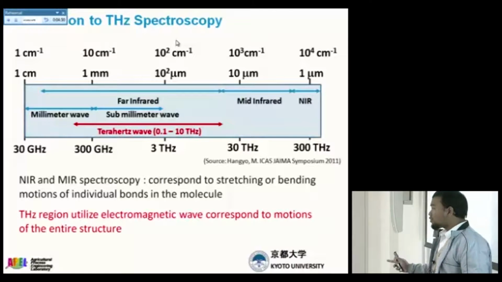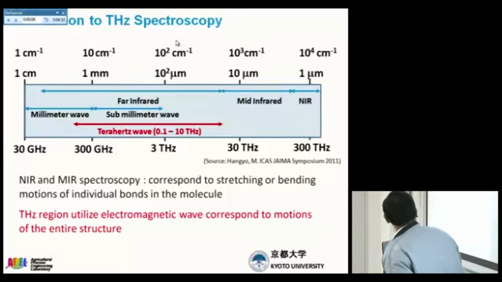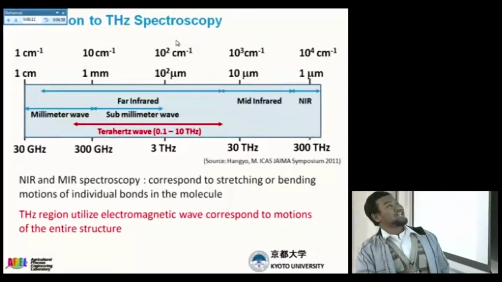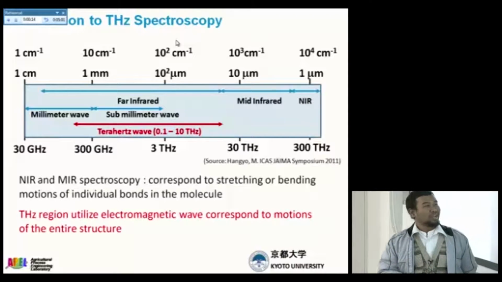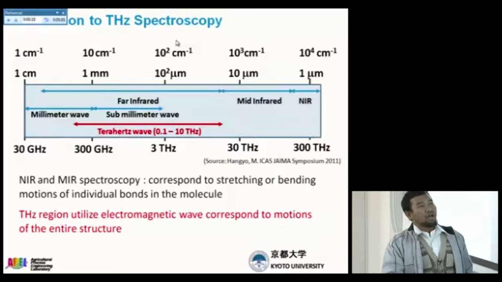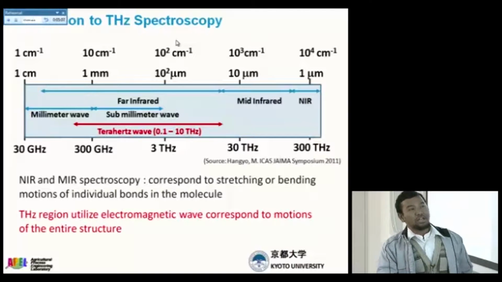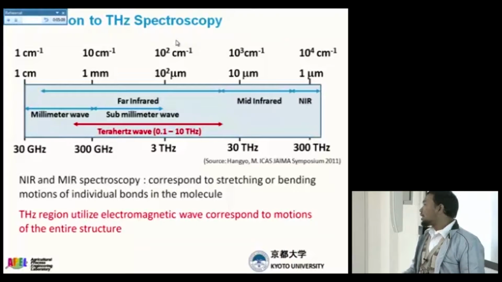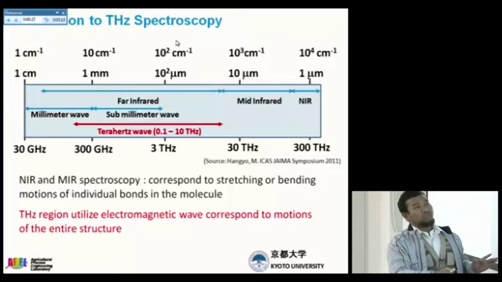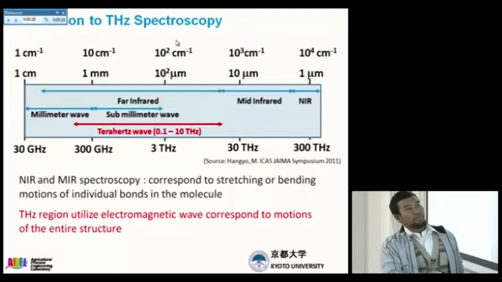So first, why do we use terahertz spectroscopy? I will first introduce you to an explanation about terahertz spectroscopy. Terahertz wave is located between microwave and infrared wave. That's why terahertz wave has both sides of the properties of the electromagnetic spectrum.